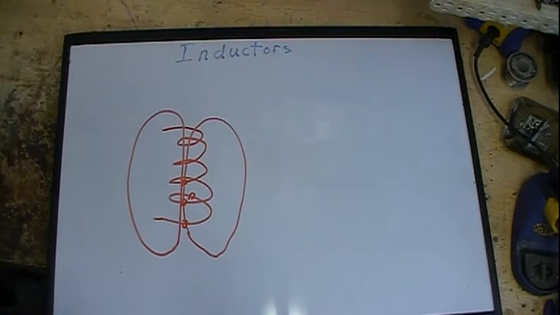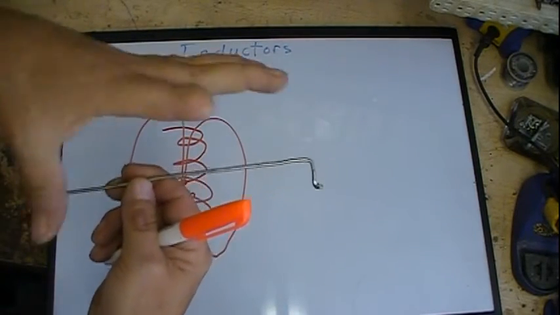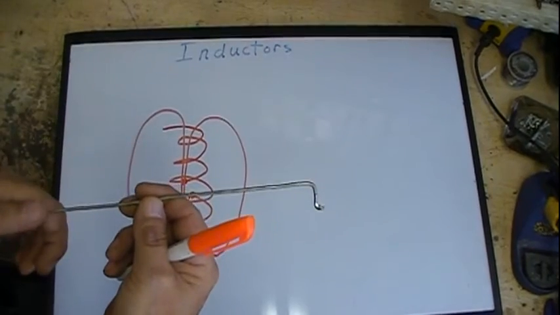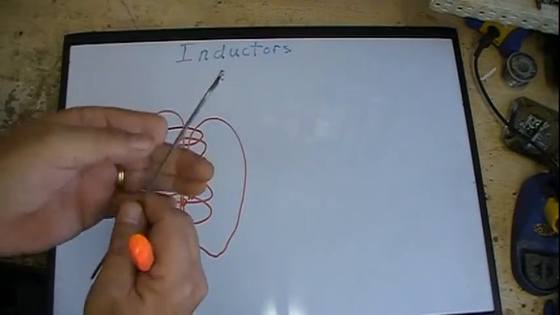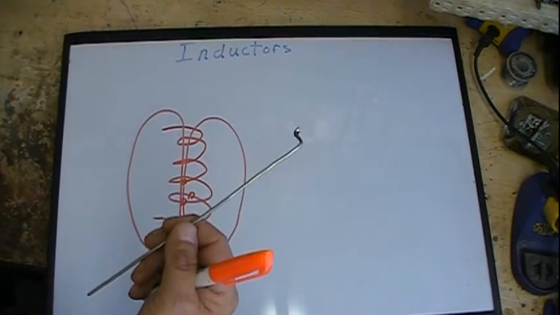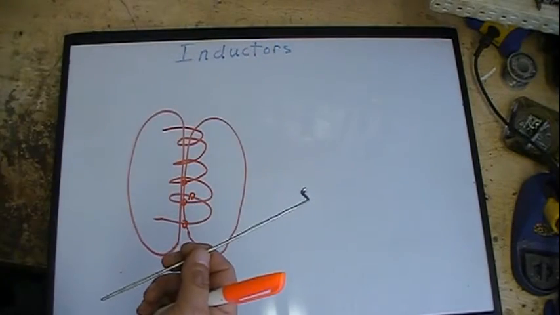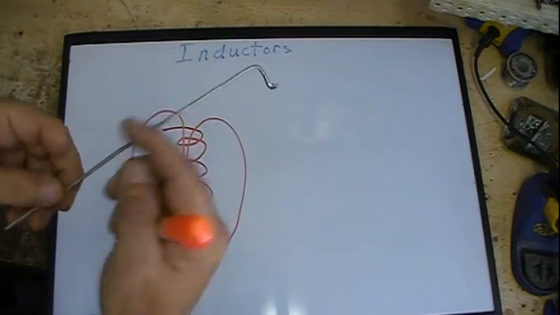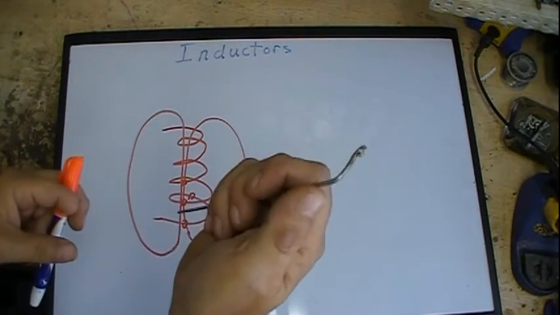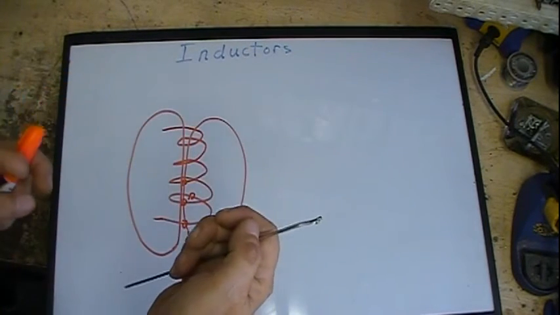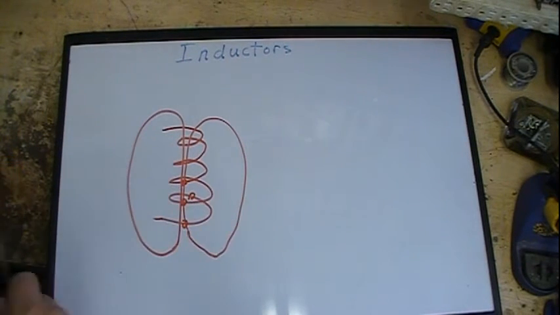So if I start out with a straight piece of wire, it has a certain amount of inductance. Very small, but it's there. But then if I coil that up into a coil, such as like this, then all those magnetic fields that were just around the wire itself all start adding together, and I increase my inductance.